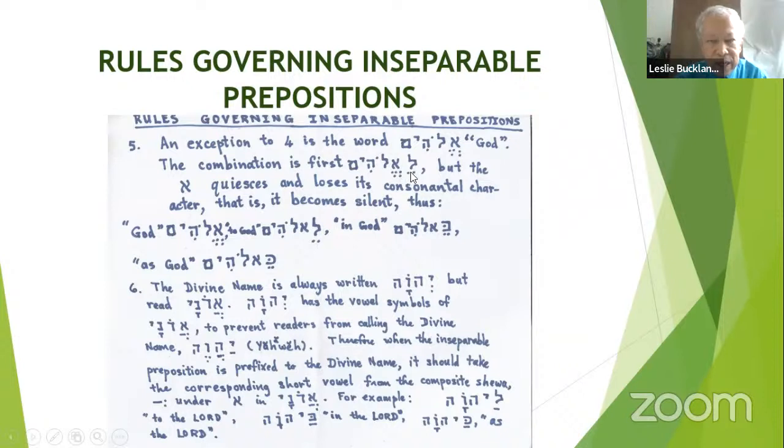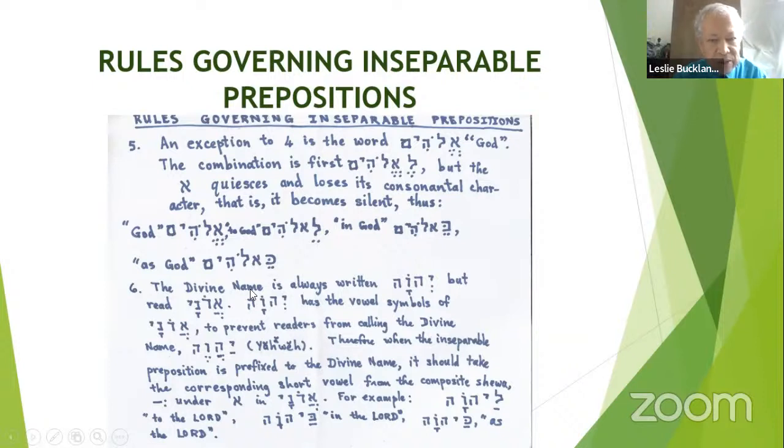This short e, segol, has to be lengthened to long e, which is sire, which is an a sound, like the e in eight or the e in wait. It has an a sound. So you have lelohim, to God, belohim, in God, kelohim, as God.